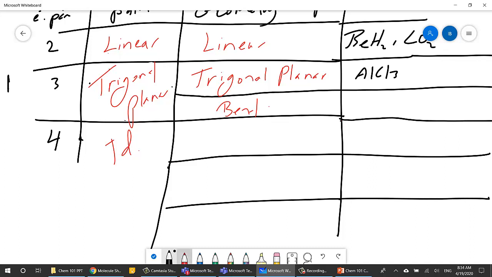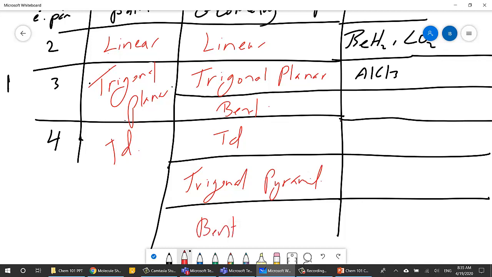One is tetrahedral, one is trigonal pyramidal, and one is bent, like water. This is like ammonia, and this is like CH4.